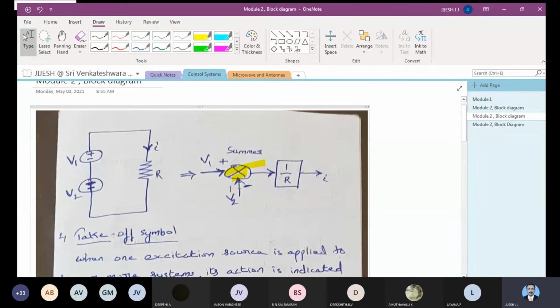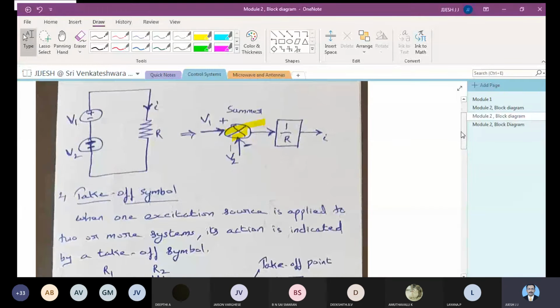This is an example. This point, as I have shown you, this portion is called the summing point, or you can call it a summer. You should be very careful with this plus and this minus as well, and also careful with respect to the direction of the summer.